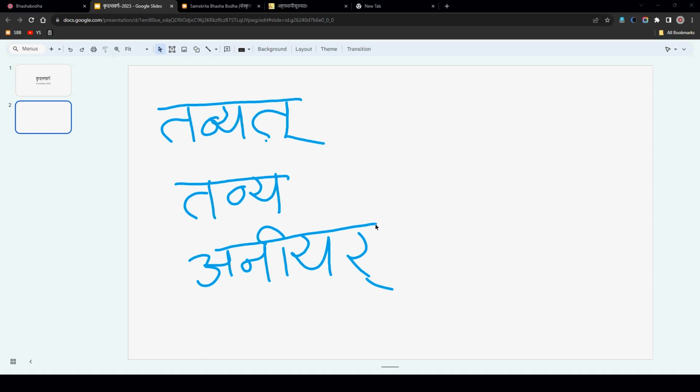Examples, I think we already know many words which have these pratyayas. Gantavya, right? Gantavya, gamaniya, then drashtavya, darshaniya.